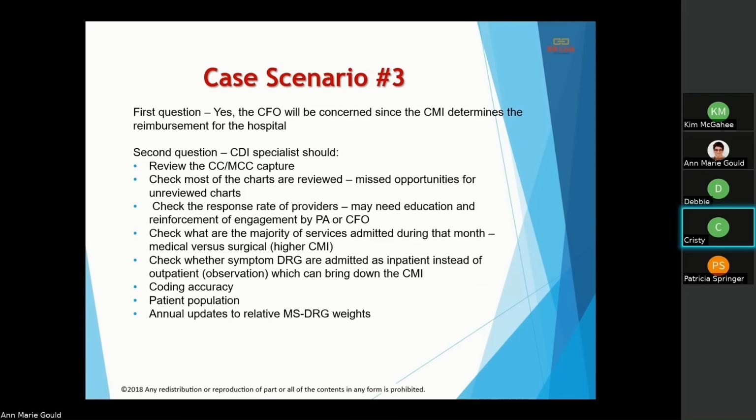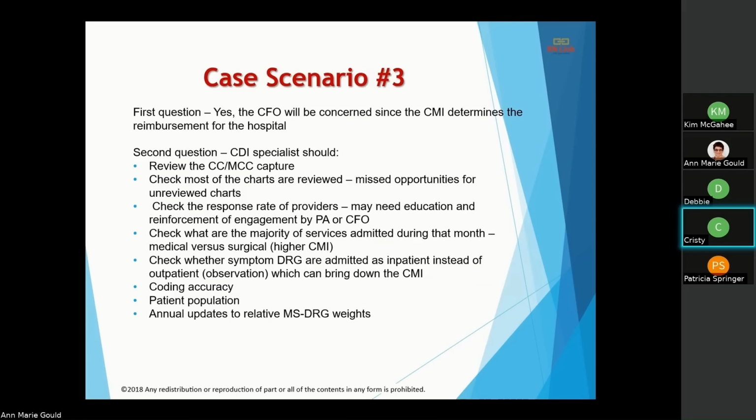So if the patient has, for example, CAD, but the doctor has been documenting chest pain only, or angina, or a diagnosis associated with chest pain, we could check whether the coder coded the symptom diagnosis instead of a higher relative weight DRG. So we could look at that too.